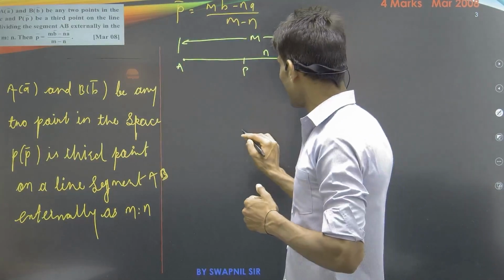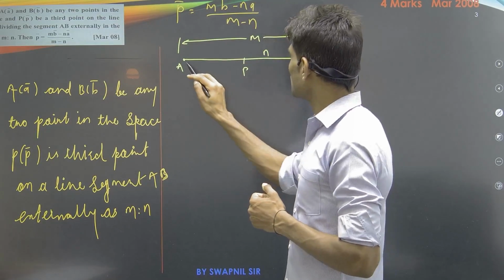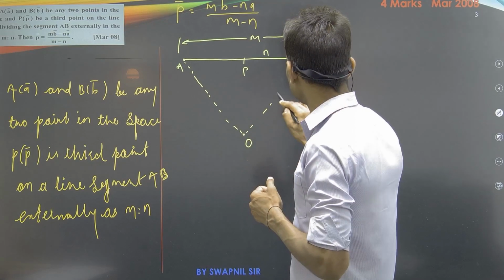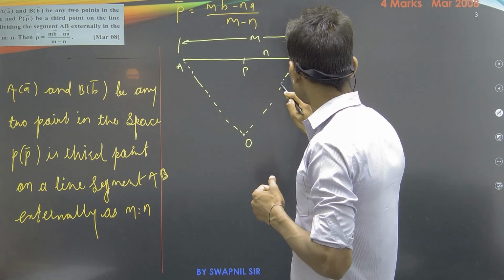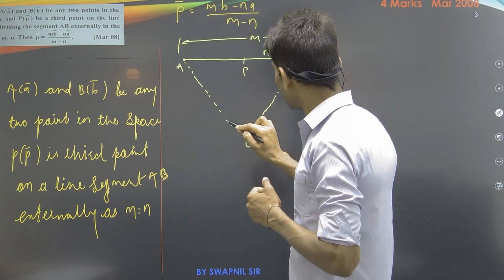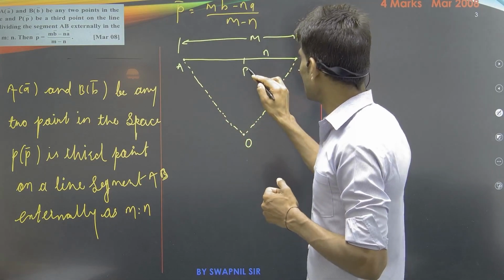Okay, then we go for taking the ratios for their sides. Now consider any other point here, O. Join these vertices at the point O. I joined these third vertices here.